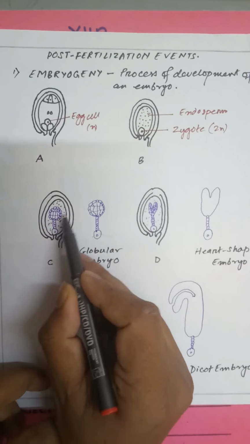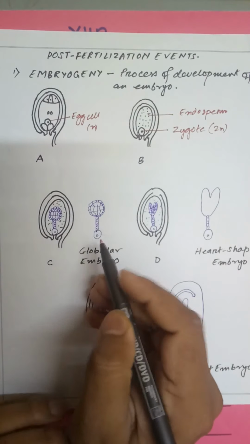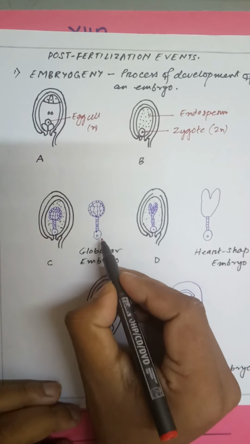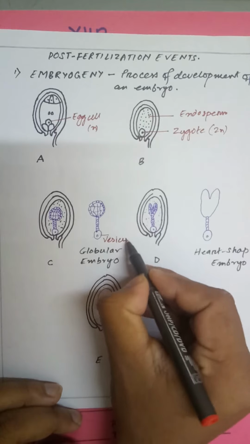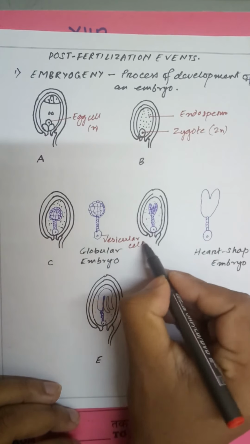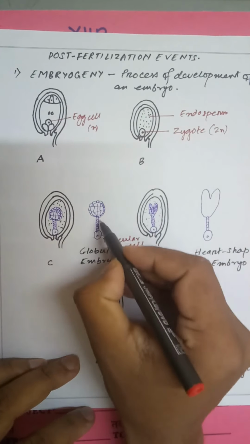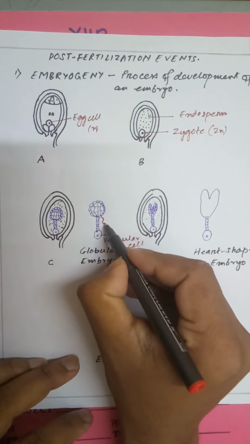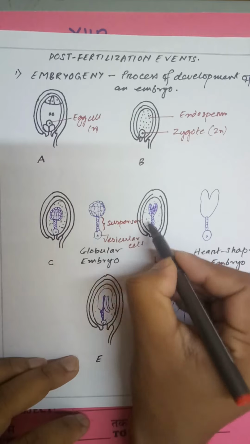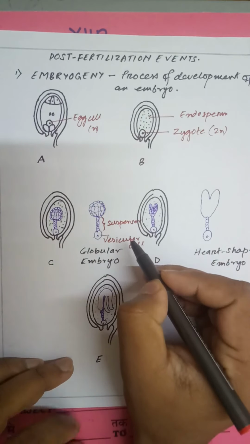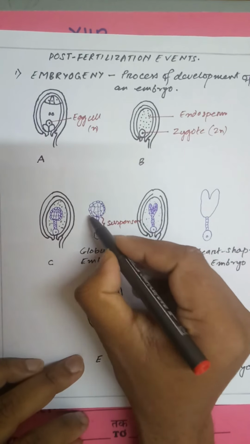If I draw the diagram outside the embryo sac and try to label it, we find a big cell, which is also called vesicular cell, and a long neck of cells, which is called suspensor cells, or simply suspensor, and a round embryo.